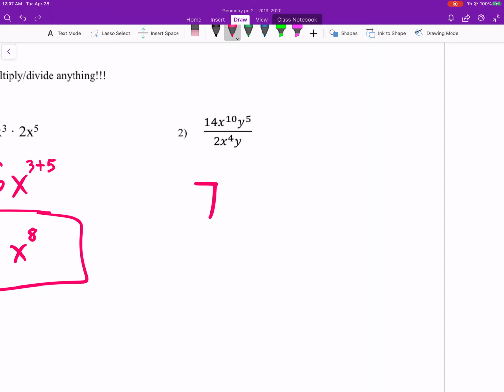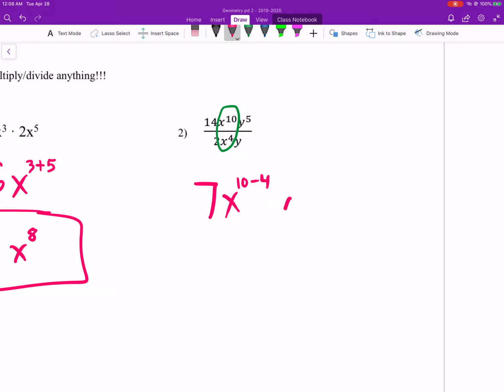So for the x's, you're kind of isolating this. You're doing the 14 and the 2. Right now we're going to focus on the x's here. X to the 10th divided by x to the 4th. Once again, x, the variable, is just the base. You keep that base, and you subtract the exponents. So it would be 10 minus 4.